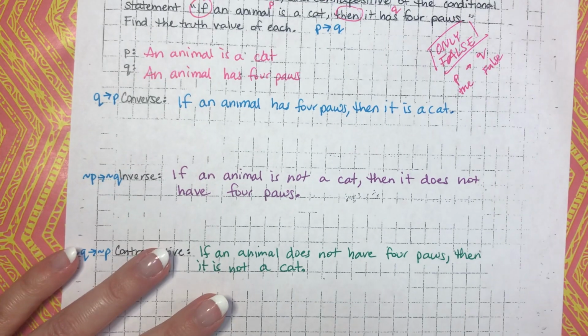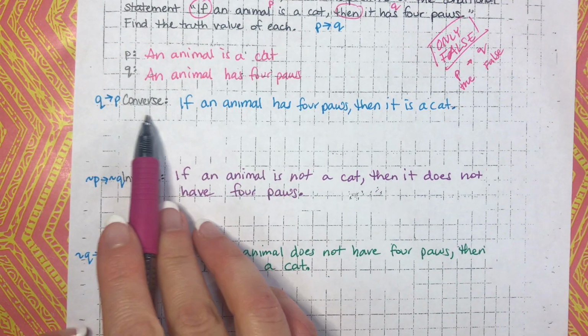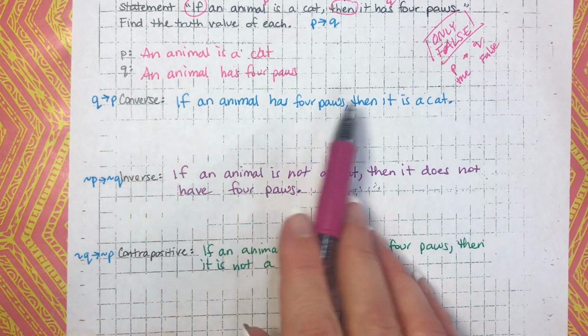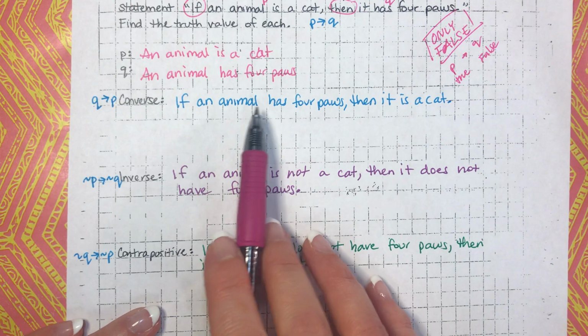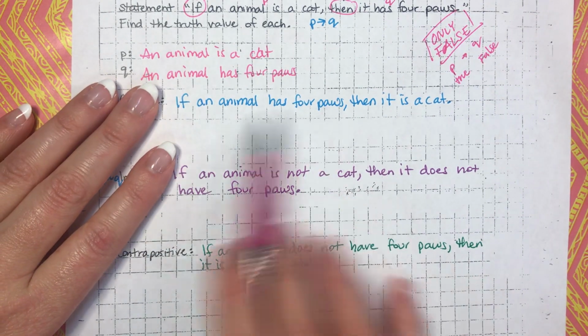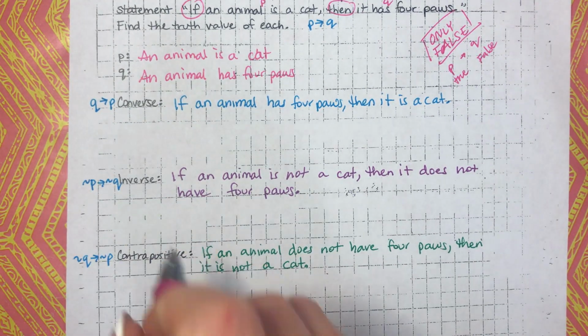That's the only time it's false. So let's go ahead and look at these. We know that these symbols are flipped, but when we're talking about truth value we're really only looking at it as if it was just a regular conditional.